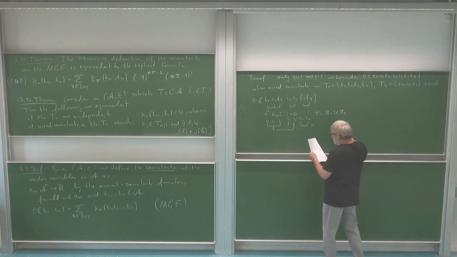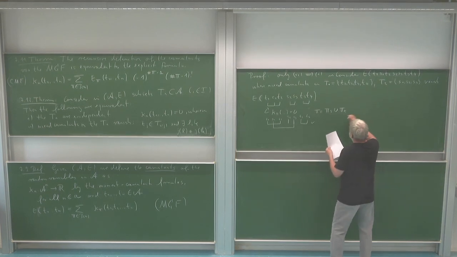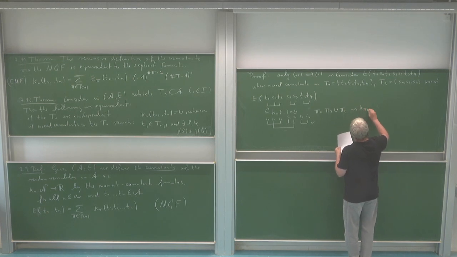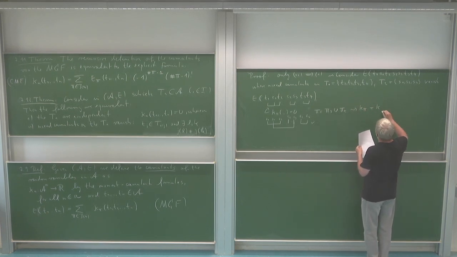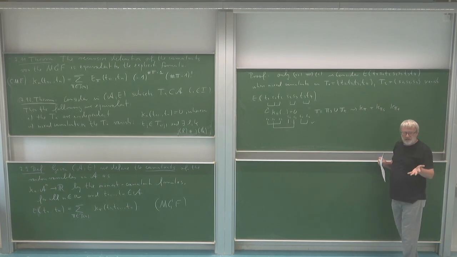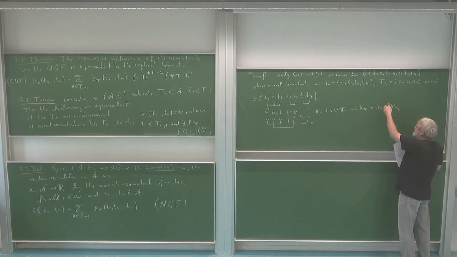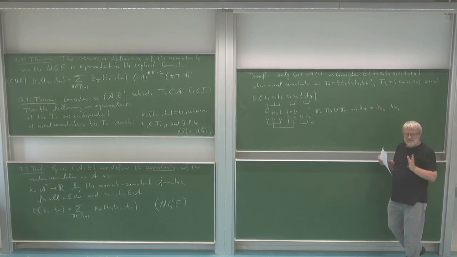So if pi decomposes like this, then the kappa of pi also decomposes as the kappa of pi S times the kappa of pi T, where I'm distributing the arguments accordingly: here I only get S as arguments, and here I only get T's.